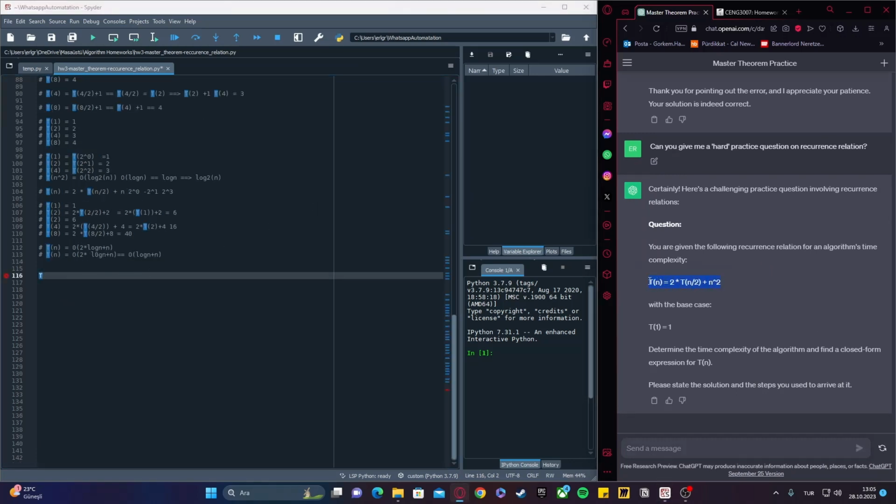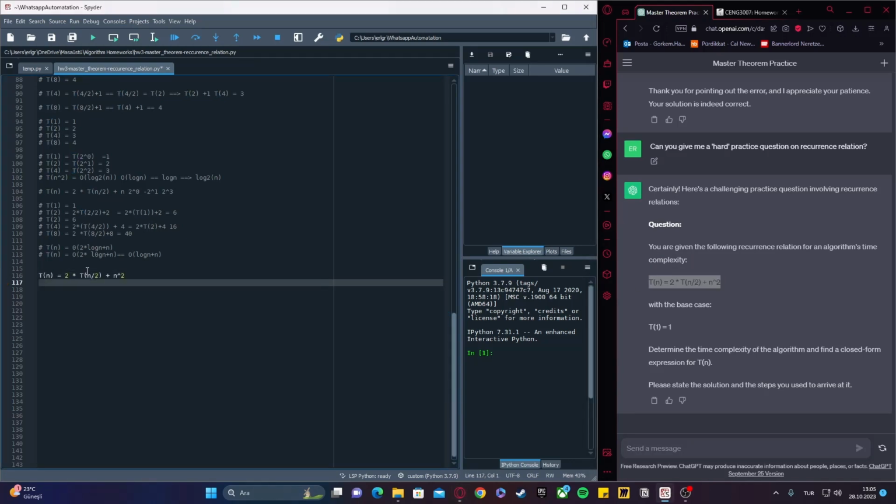And let's take it from here. T of 1, the base case, is equal to 1. Determine the time complexity of the algorithm and find the closed form expression for T of n. And okay, let's continue with this one.